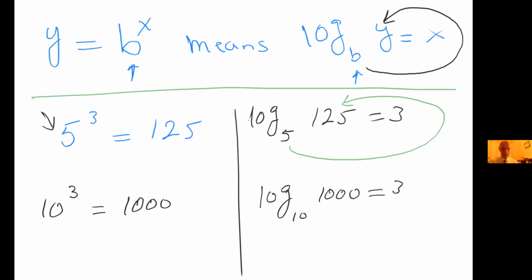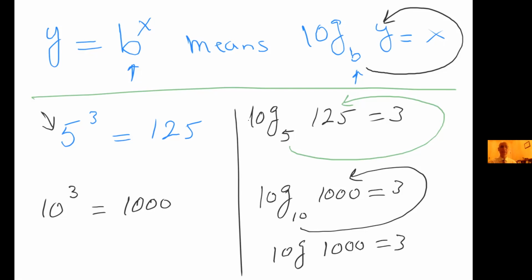In other words, 10 to the power of 3 equals 1,000. Now, one thing to remember here is that in mathematics, most of the time, when the log has base 10, we just don't write it. It is understood that if you say log of 1,000 equals 3, we mean log base 10. So base 10 is something that we don't have to write down.